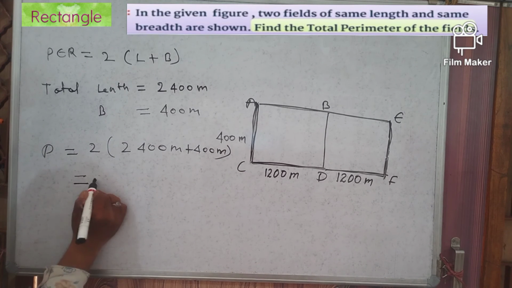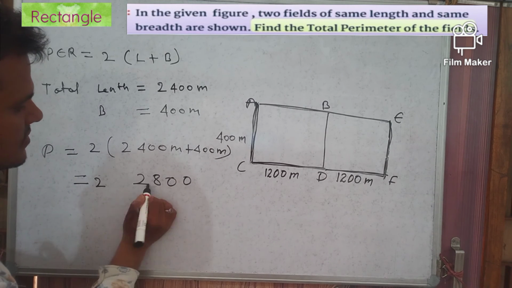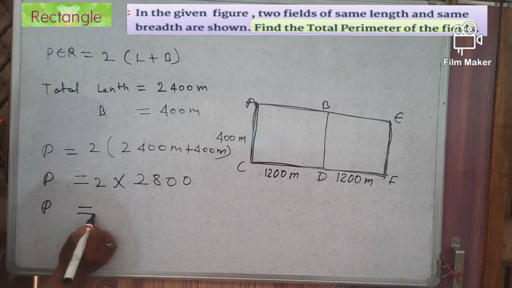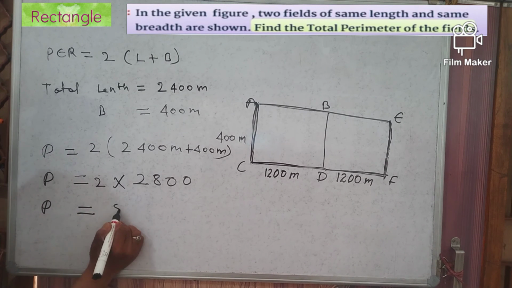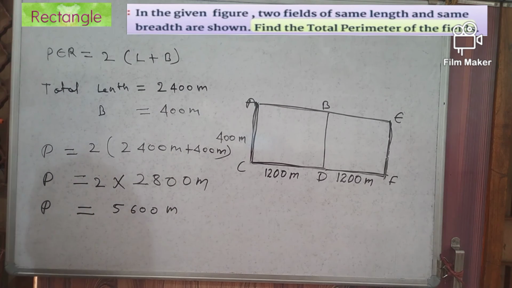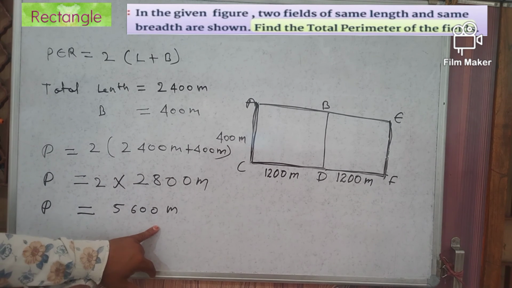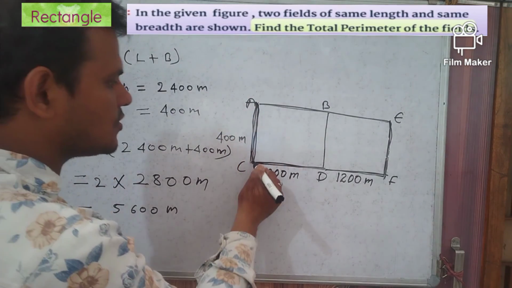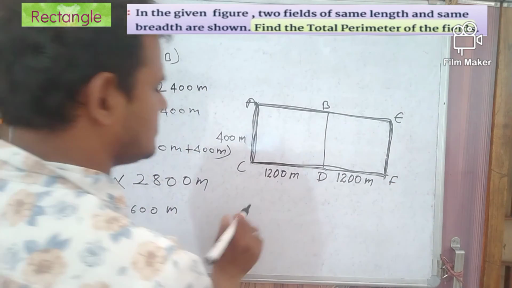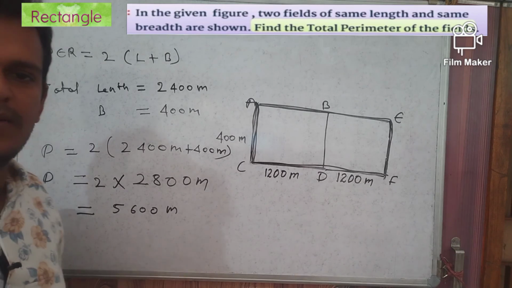Now 2 into 2800, so perimeter is 5600 meter, right? Total perimeter means the total length of the outside, right? So perimeter is equal to 5600.